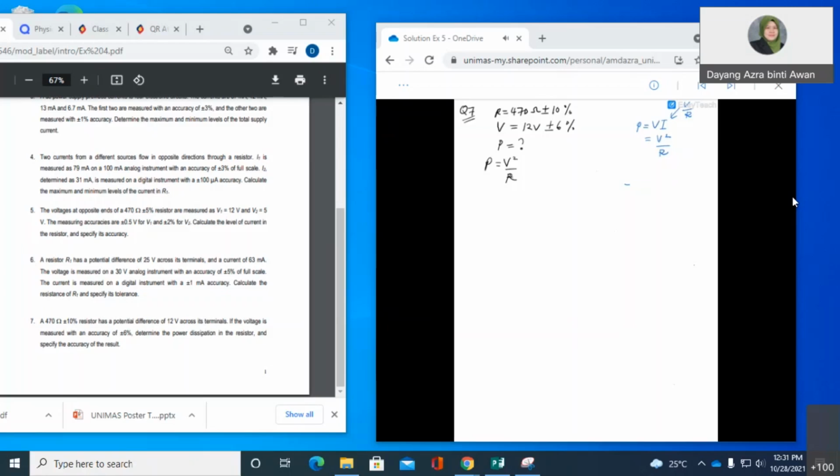So get the value of 12 volt plus minus 6%, squared, divided by 470 plus minus 10%.